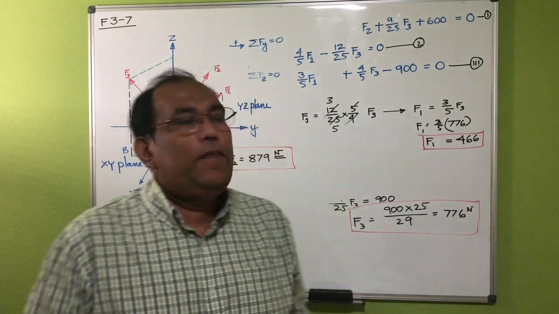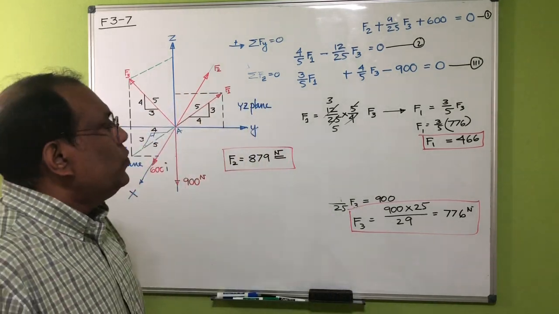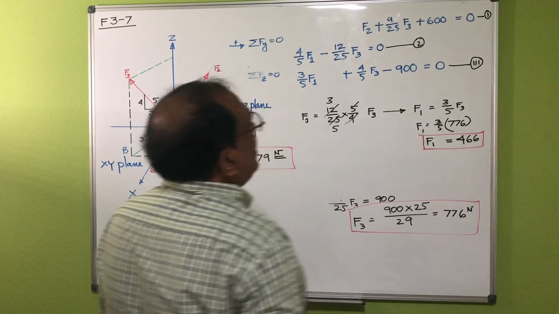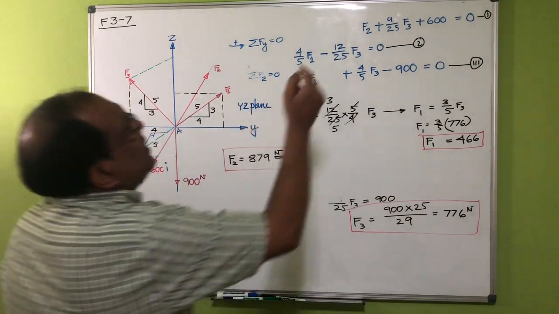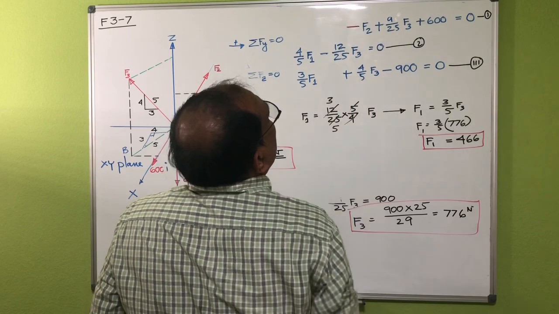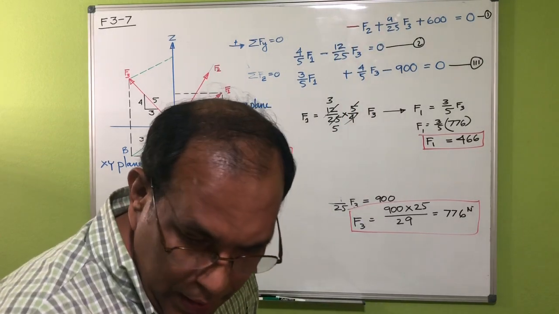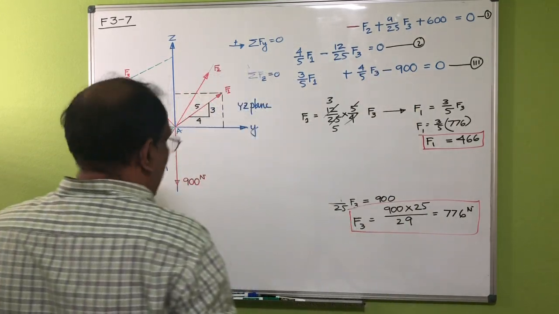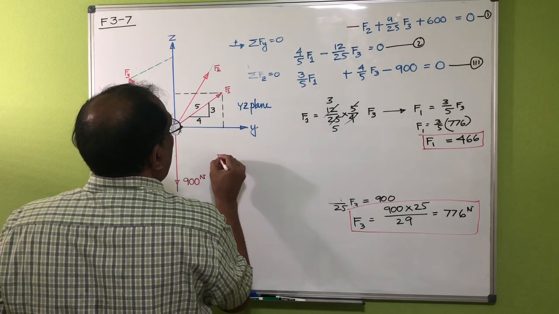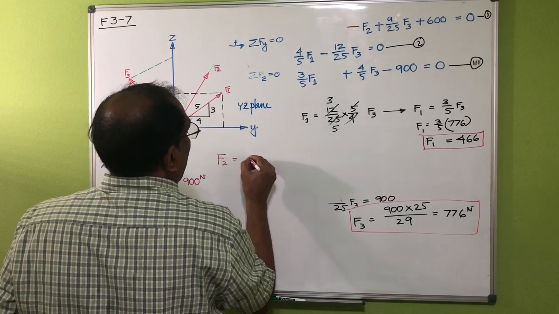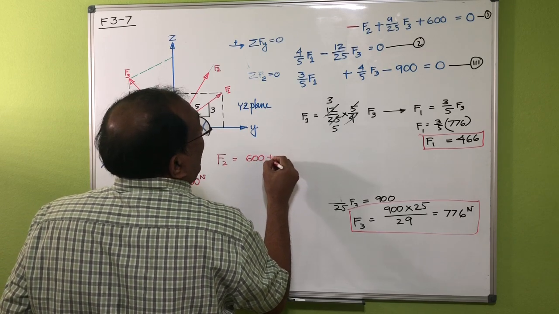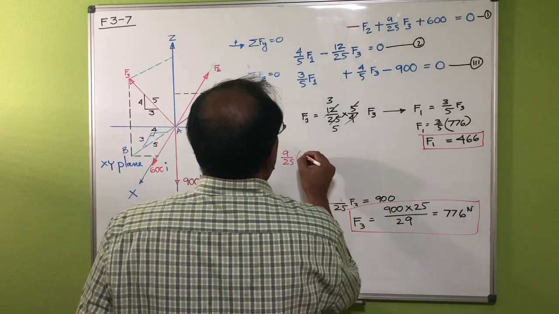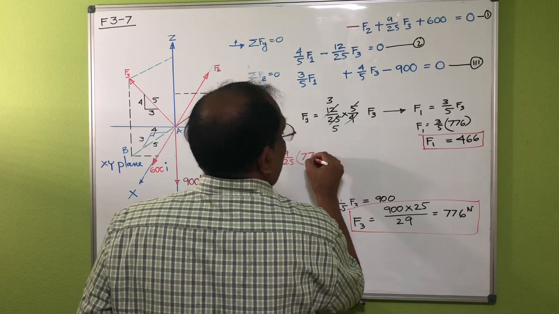Now let's try to find out the value of F2. So what we have to do is just plug the value of F3 in equation number 1. Actually, I made a mistake here. That should be minus F here. So if I plug that value of F3 in the equation, then basically your F2 is equal to 600 plus 9/25 into your F3, which is 776.